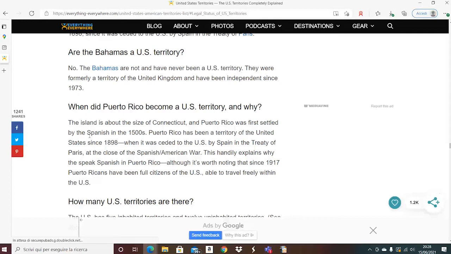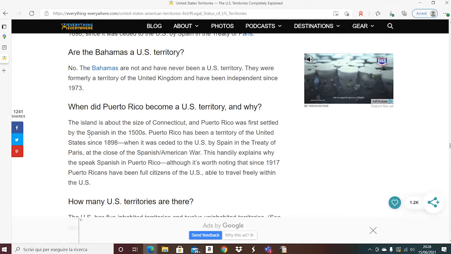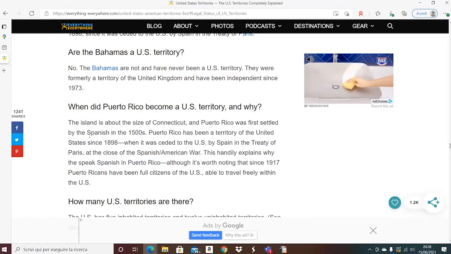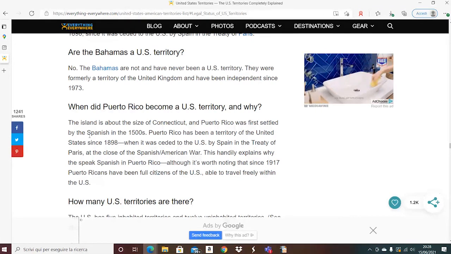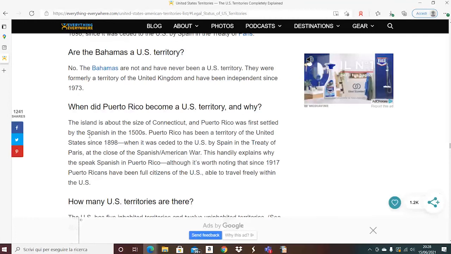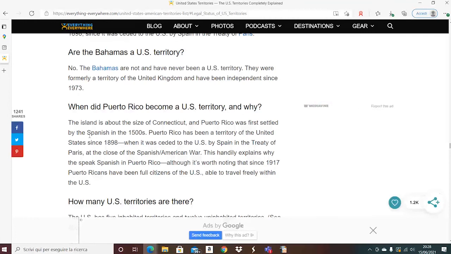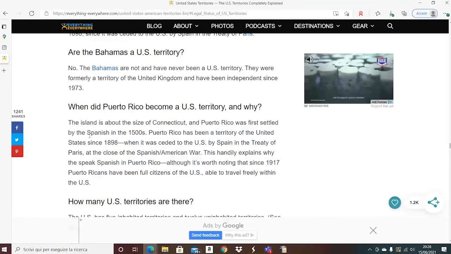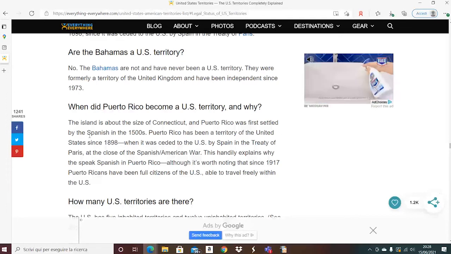This handily explains why they speak Spanish in PR, although it's worth noting that since 1917, Puerto Ricans have been full citizens of the US, able to travel freely within the US.